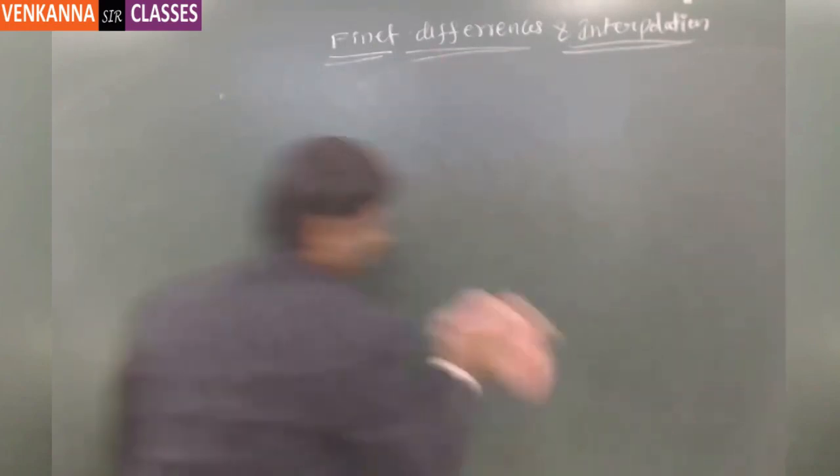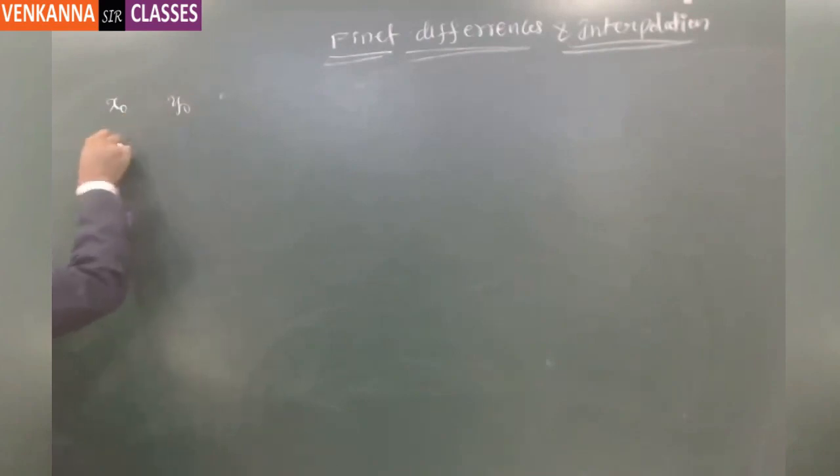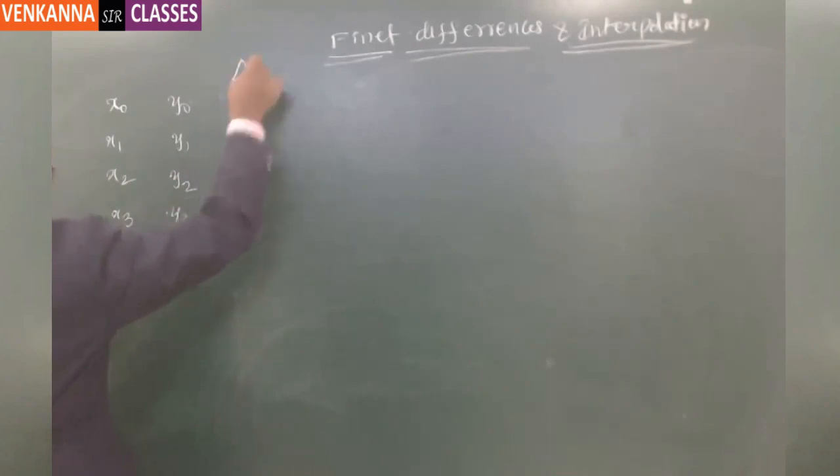So if you further extend this relation, for a set of values x0, y0, x1, y1, x2, y2, x3, y3, x4, y4, the first forward difference is delta y.